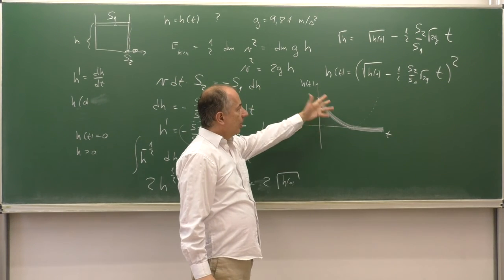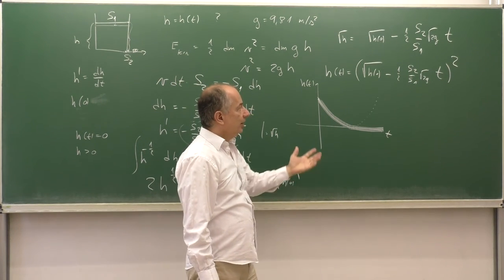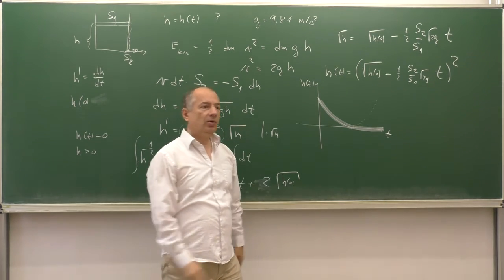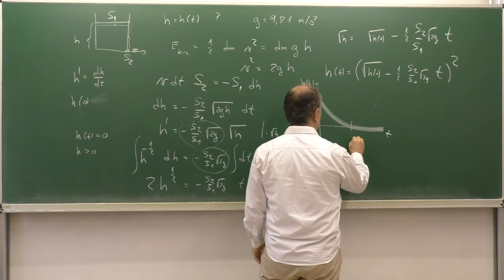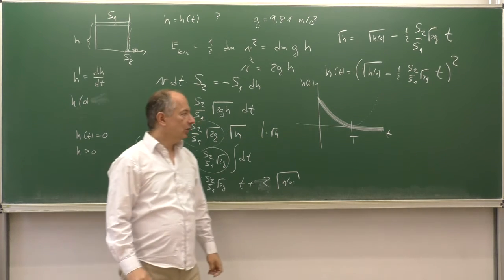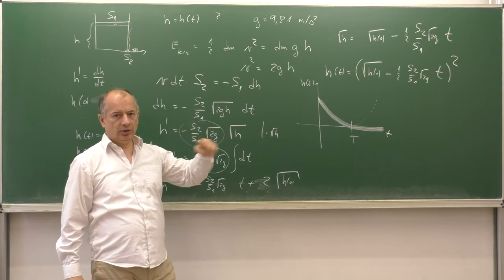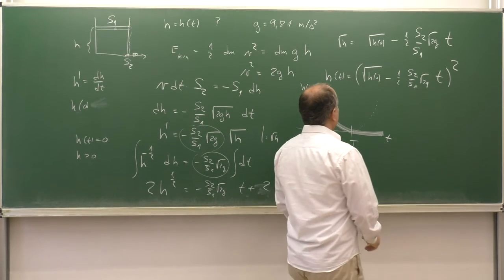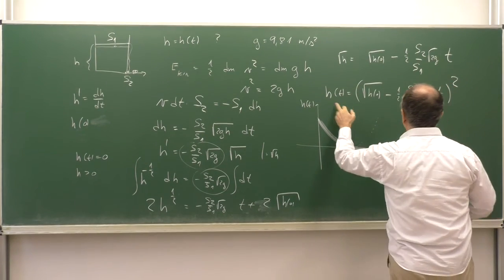Well, we can come to a conclusion. We can estimate the time it takes to empty the reservoir completely. This is the time, let's call it capital T, not period, it doesn't repeat, but the time to empty the reservoir. And this is the time when h is 0.